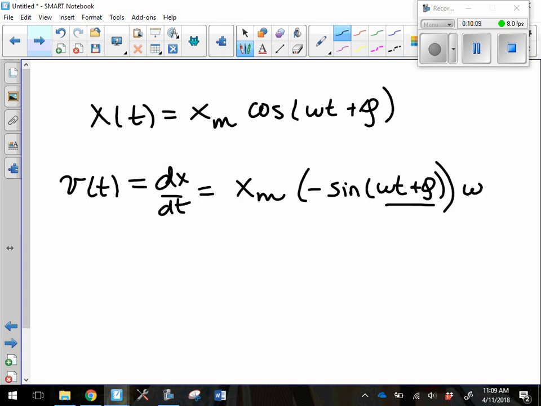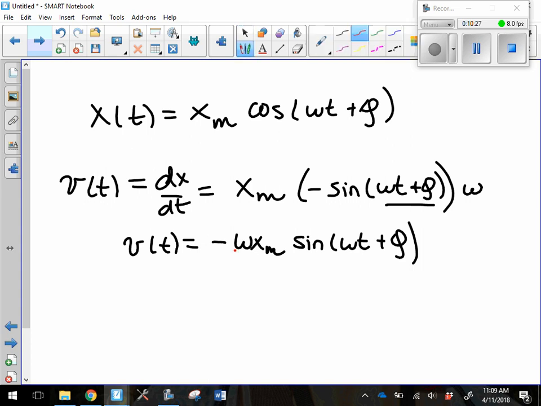So my expression for v of t is negative omega xm sine omega t plus phi. Sometimes we call this vm, and then it would be the velocity amplitude.